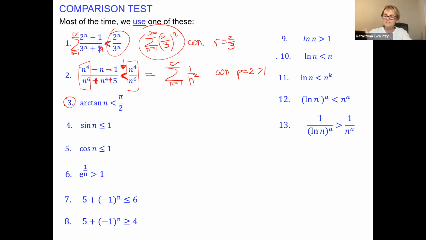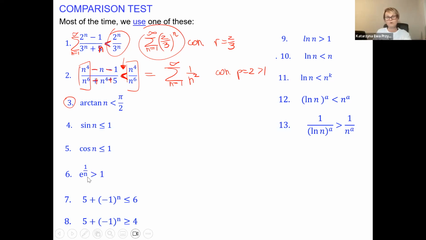Okay, this is also a standard comparison. When we see a formula with arctangent of n, we can always say all of the terms are less than pi over 2. This could be just part of the formula. Sine of n, cosine of n, we can always replace and put 1. Then we're simplifying the formula. Am I right with this one?